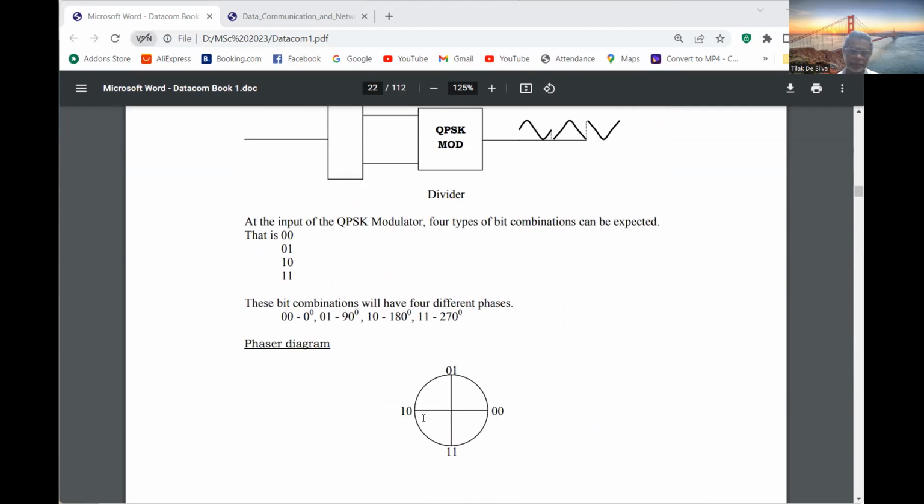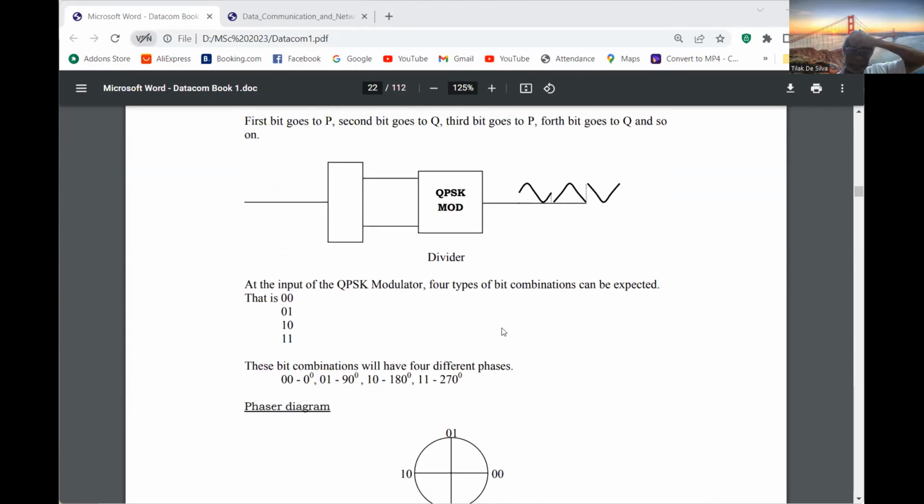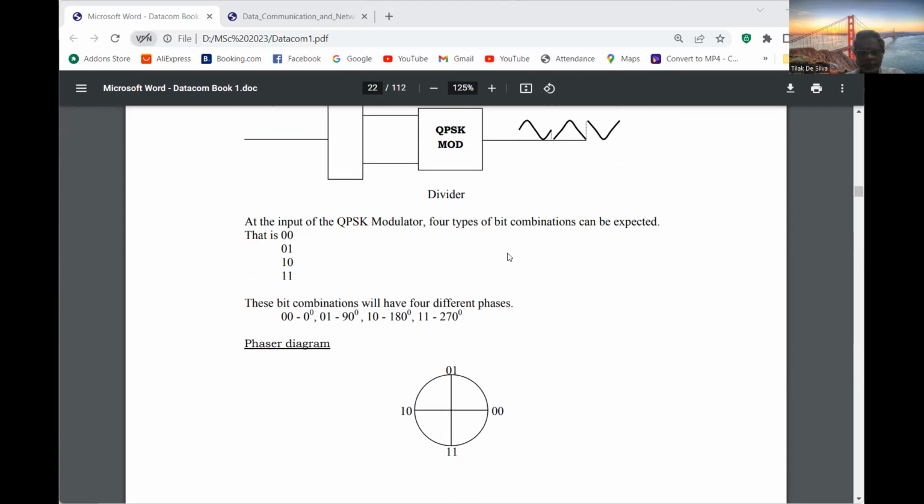If it is 1, 0, it is 180 degrees phase shift. 1, 1, 270 degrees phase shift. It is very difficult to show in a diagram, but this is how the output signal is coming. That is called QPSK. Is it clear? Any question?